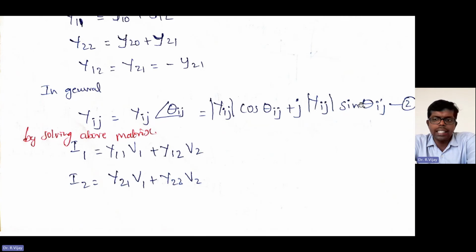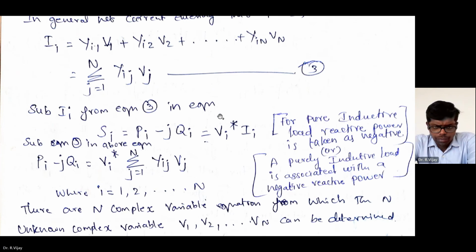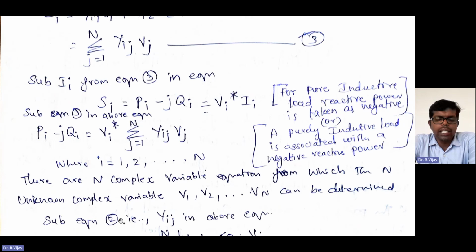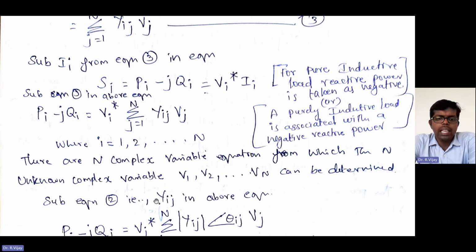So cos theta ij for real power and sin theta ij for reactive power, like that we are substituting here. We are substituting Yij from equation number 2 in place of Yij.